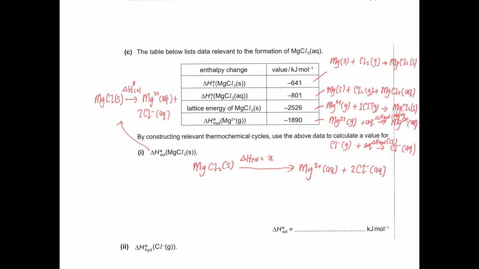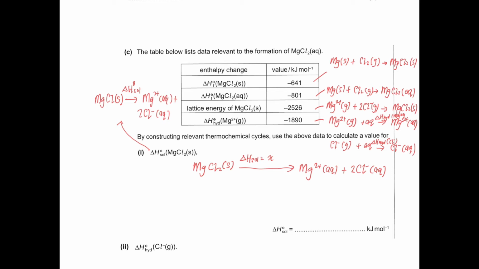So we make use of the information available over here. We have formations. As you can see, the equation that I put on the right hand side, we can make use of the elements in room conditions to form magnesium chloride. I'm going to put it down here, and then I will make an arrow to magnesium chloride solid.